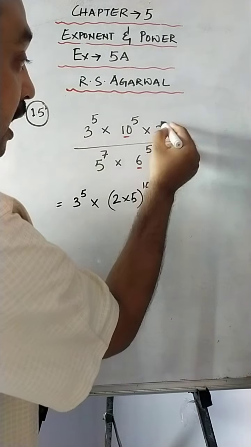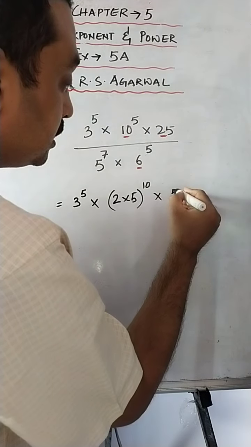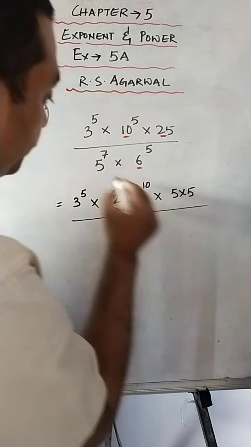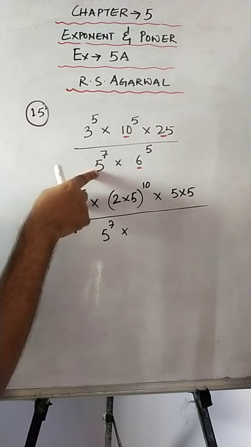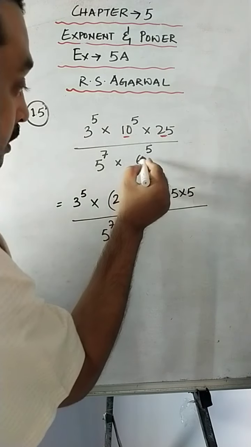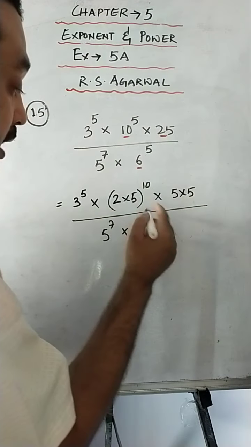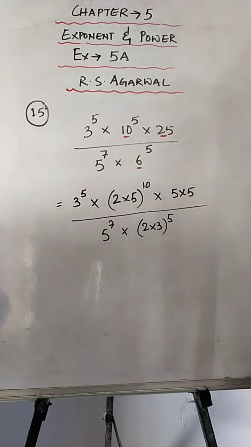Now 25. If we do the prime factorization of 25, we'll get this 5 into 5. Isn't it? Now divided by 5. As I said, we'll do nothing with the base which is in the form of a prime number. Now 6 can be written as, if you prime factorize number 6, we'll get 2 into 3, that would be to the power 5, isn't it?